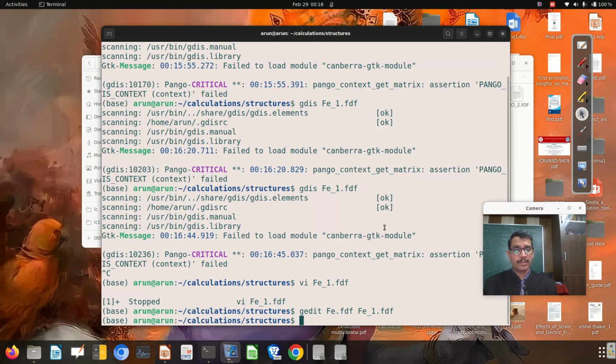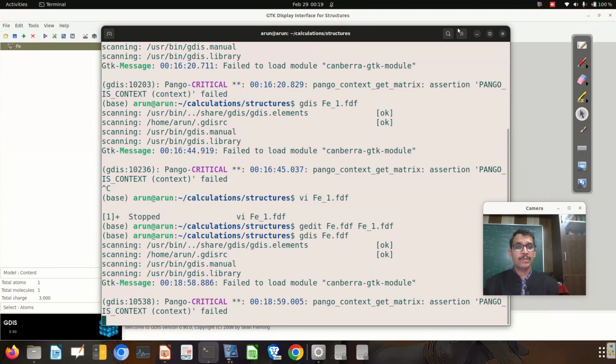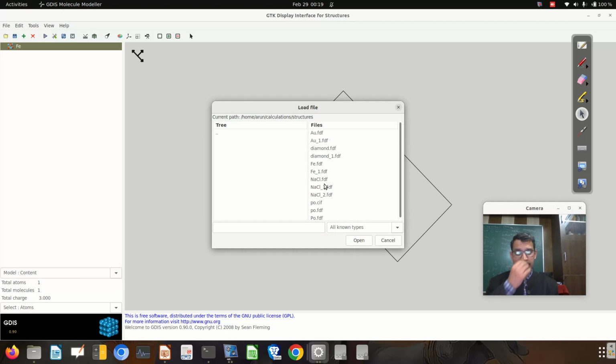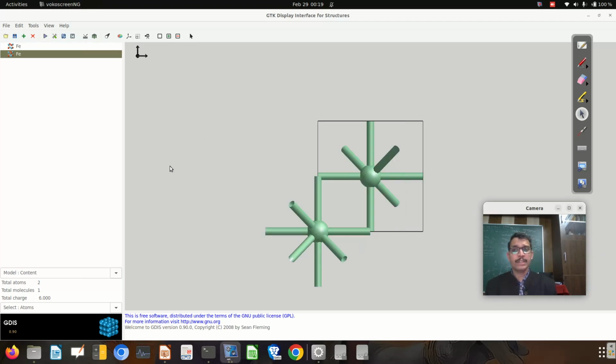So it is GDIS Fe.FDF, and first of all let me look at this. Also open another one from here. Let us see the two one by one.